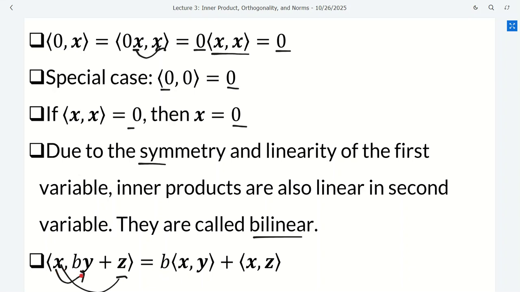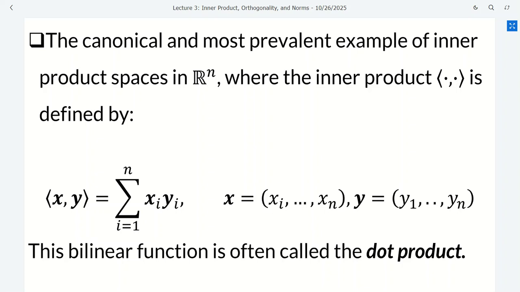So the x combines with the y, the x combines with the z. So this one is of the second variable. Because we can do it in both ways, that is why it is called bilinear or bilinearity. Okay.